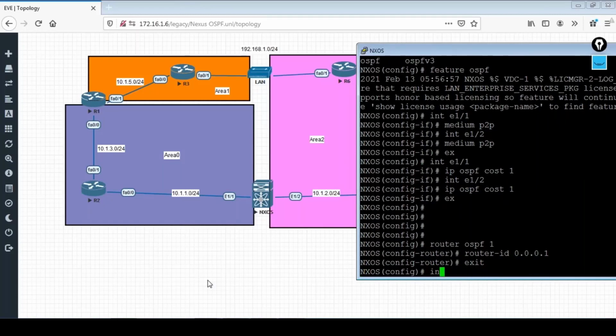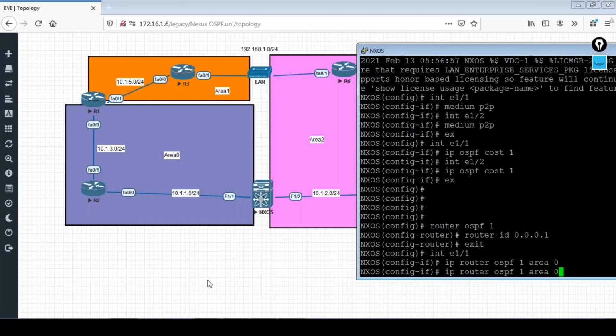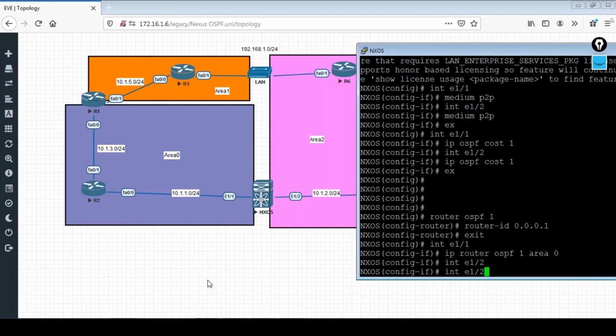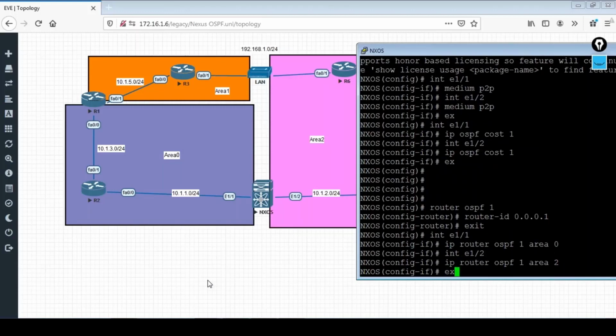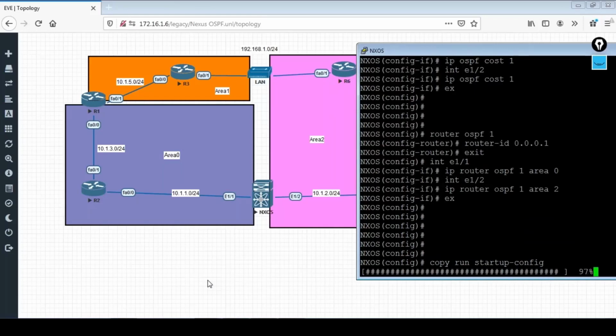And then on 1/1, IP router OSPF 1, area is going to be 0 on this side. On 1/2, it's going to be area 2 on the other side. All right. Hope it is fine.